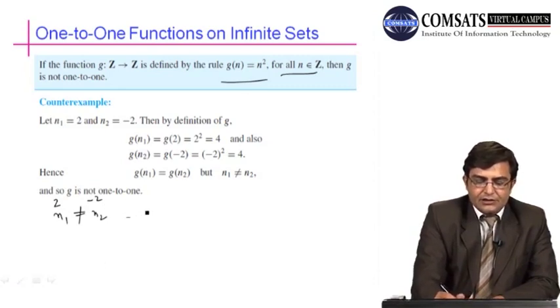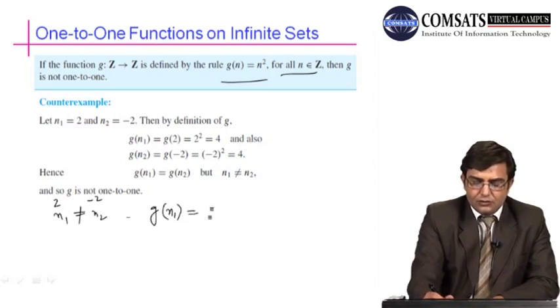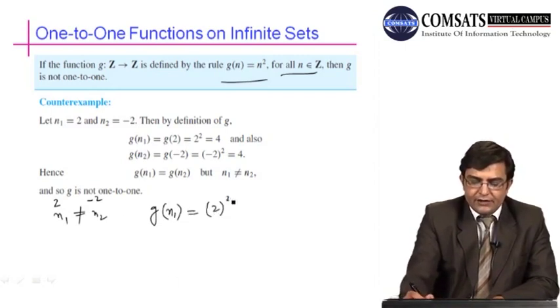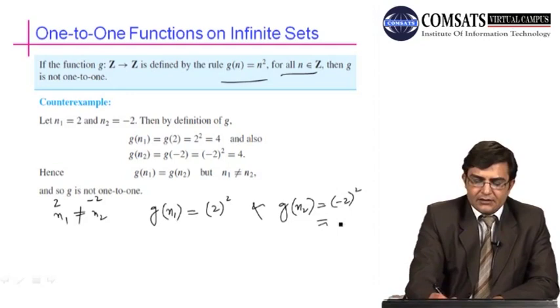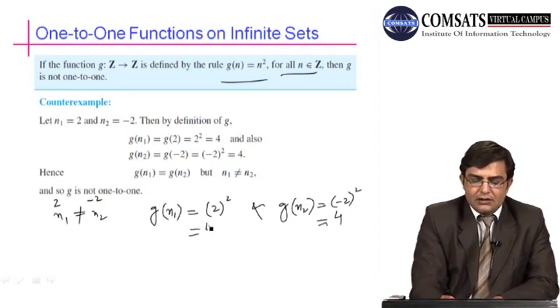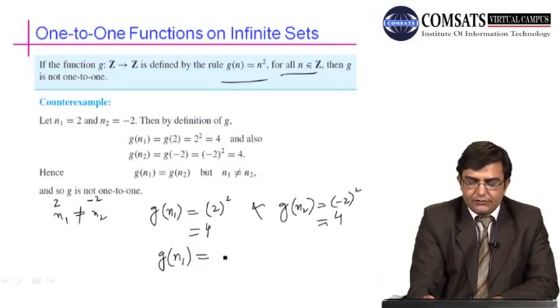If we take g of n1, this is 2 squared, and if we take g of n2, this is minus 2 squared, and this is 4. This is also 4. Then we can see that g of n1 is equal to g of n2.